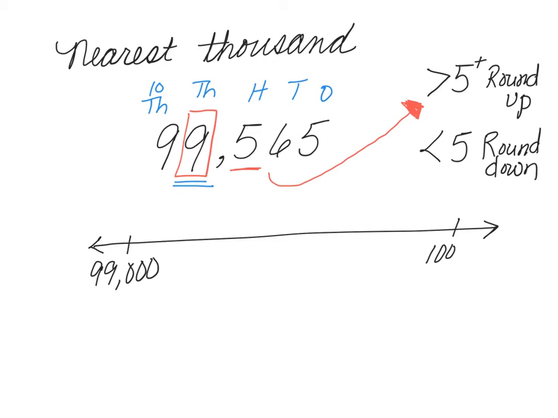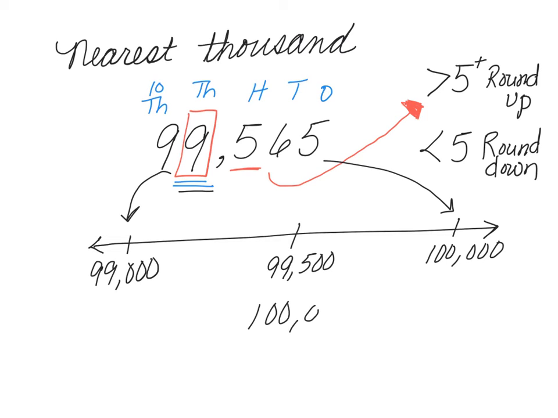Well, if you thought to yourself 100,000, then you are correct. And we know that 99,500 is in the middle. So again, I'm trying to round to the thousands place. I'm rounding up. So, am I going to be closer to the 99,000 or the 100,000? Still thinking about the 10,000s place. If you answered 100,000, you are correct.